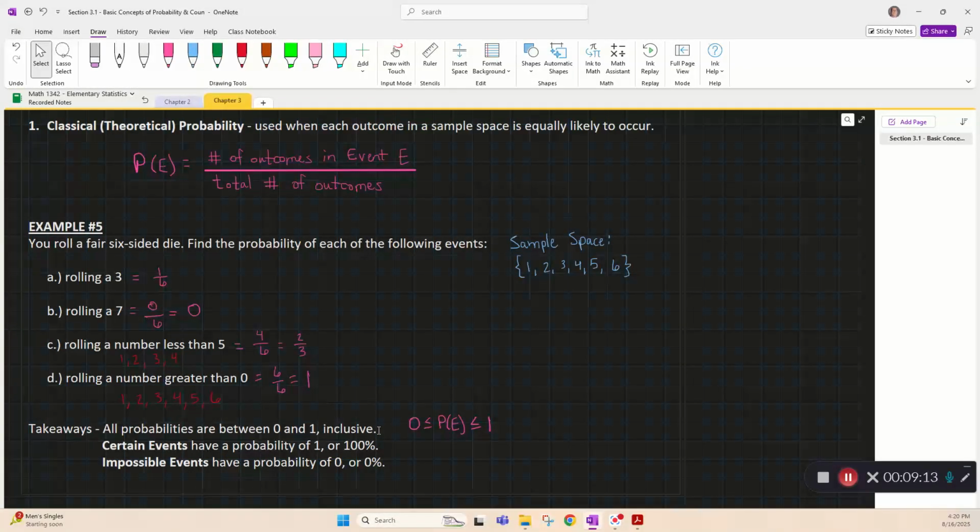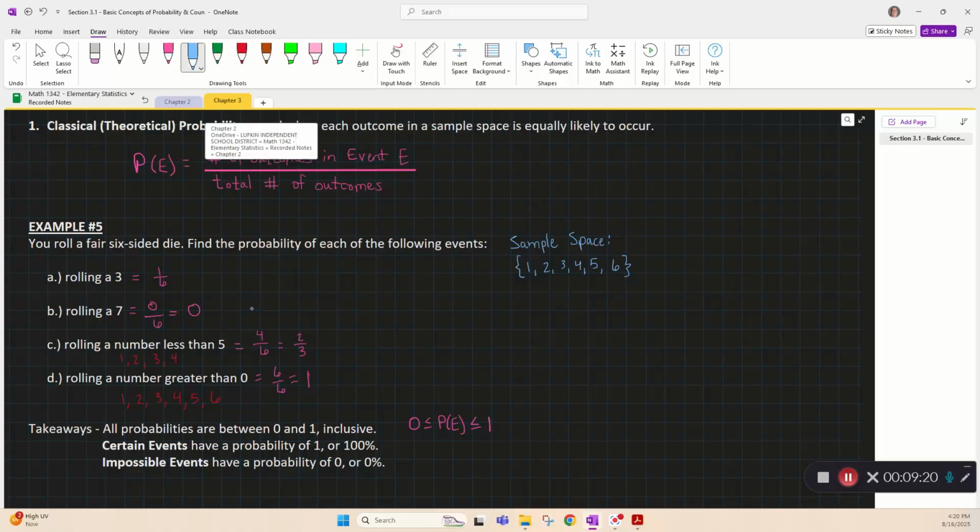So, of these, which one would be a certain event? Well, this one with a probability of 1. We call that certain. That's a certain event. And you probably thought that when we were doing it. Rolling a number greater than 0? They're all greater than 0. Everyone's a winner here. It's certain. It will happen.